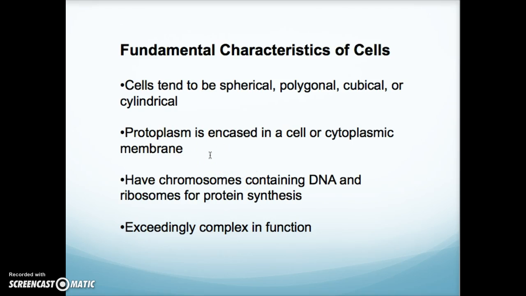That's kind of what gives it form. In addition, they have some sort of genetic material, whether it's a chromosome containing DNA or perhaps RNA. And in addition to this genetic material, they have ribosomes, which are there to make protein, which is what the cell will need to function. In addition, they have very complex ability to function. They have many functions that they can do within this tiny cell.